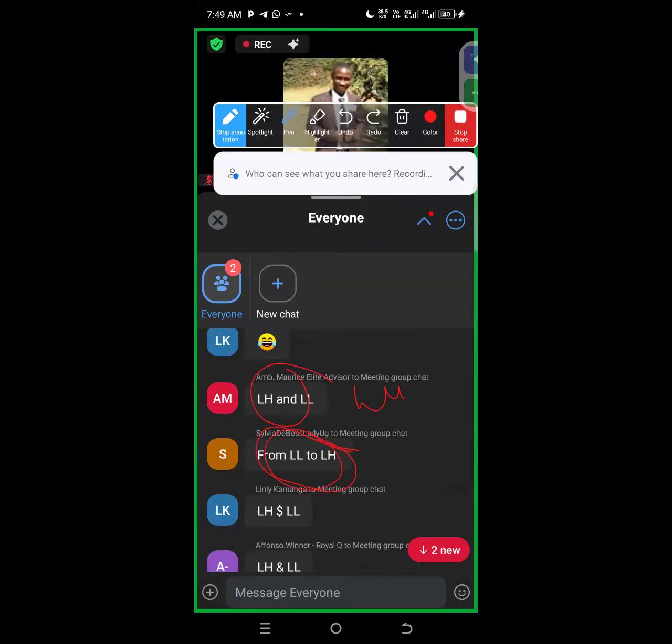So this time around, Xavier got it right. Lower low, lower high. So Lily, it is not lower high, lower low, but rather lower low, lower high.